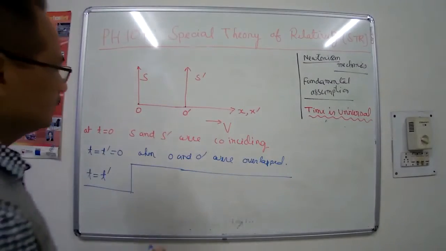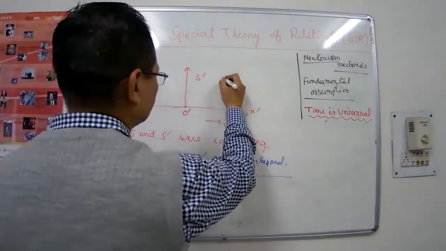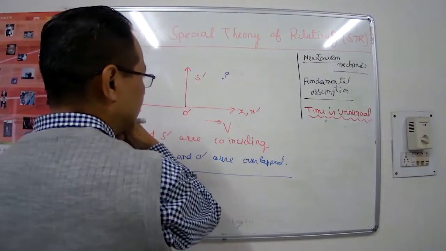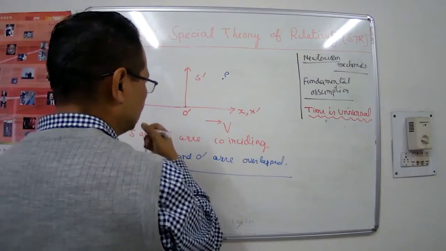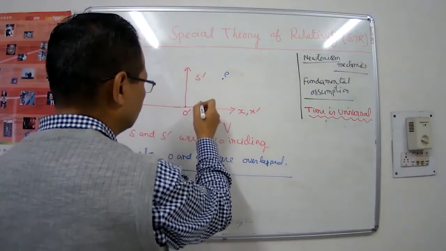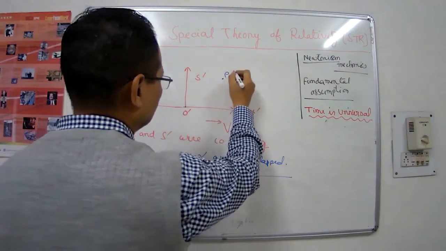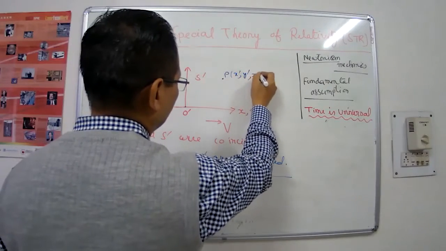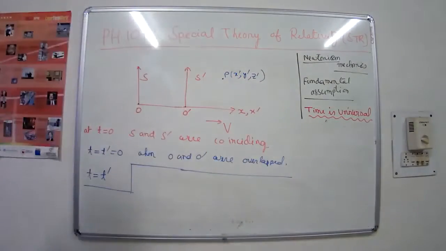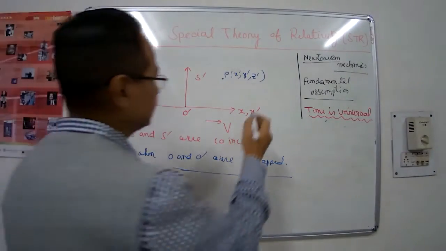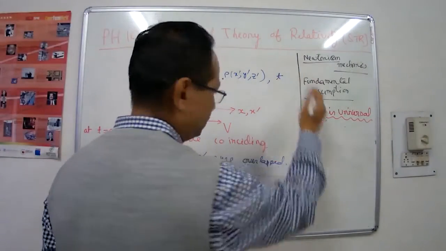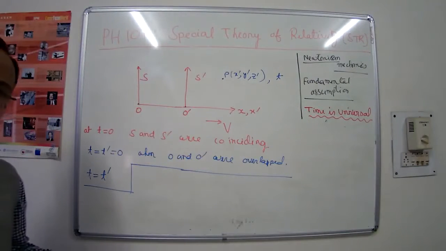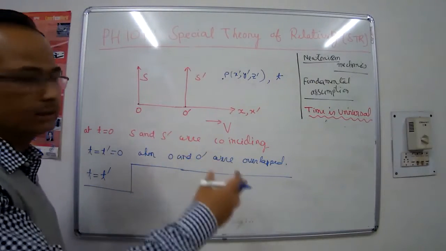So let me consider that there is an event taking place at the location P, measured by the observer in the frame S prime. The location of the event is found to be x prime, y prime, z prime. And this event is taking place at time t, or time t prime, it doesn't matter since we know that t is equal to t prime.